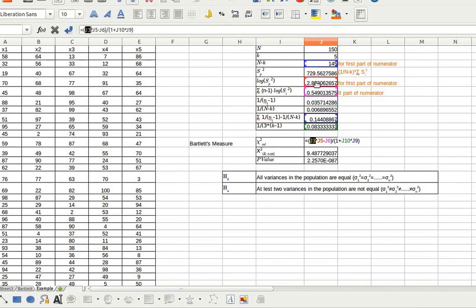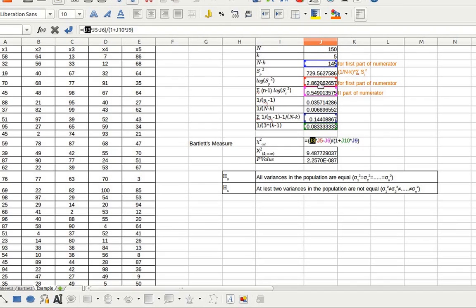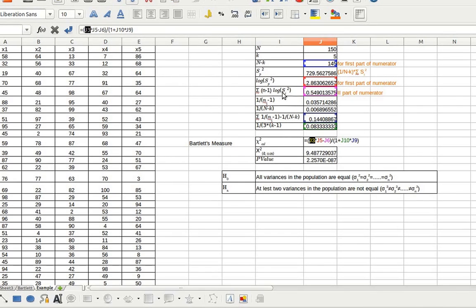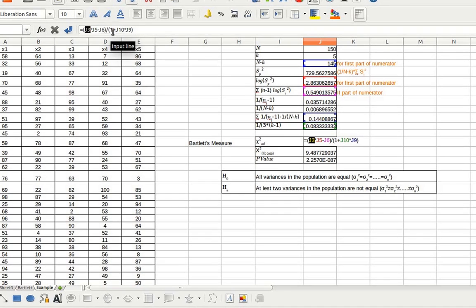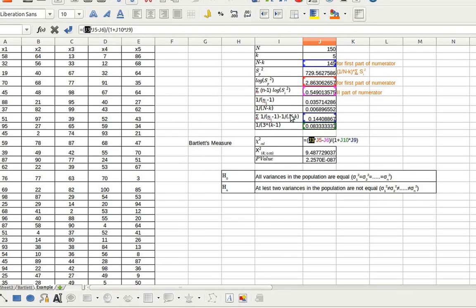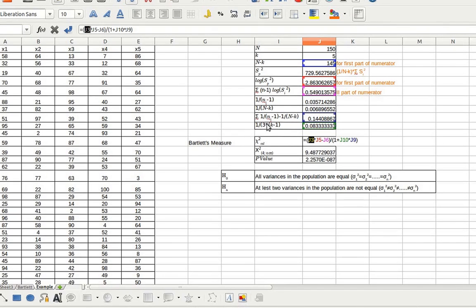So this is the first part of the numerator, and the second part of the numerator is j6. Where is the j6? This is j6, sigma n minus 1 log si square. This is the second part of the numerator, and my numerator is over, and the denominator is 1 plus j10. What is in j10? In j10 we have this value, 1 by 3 multiplied by k minus 1.